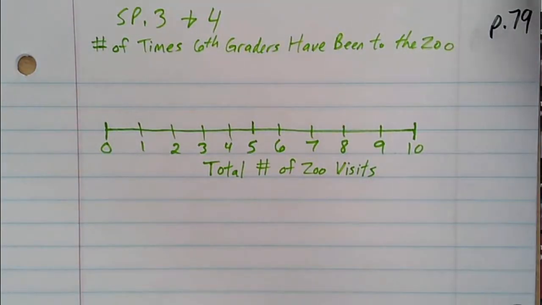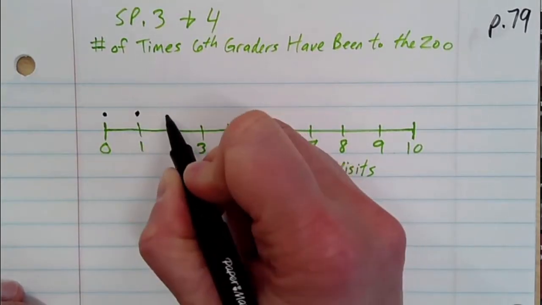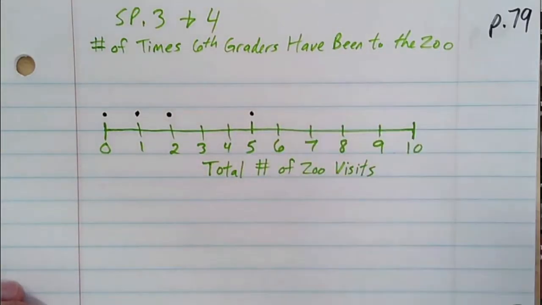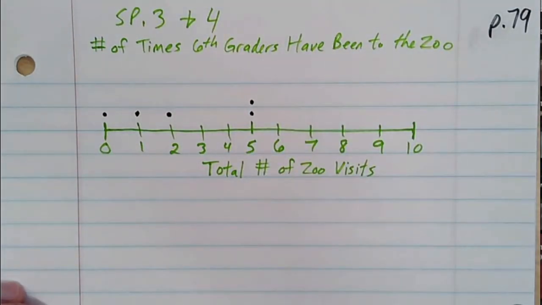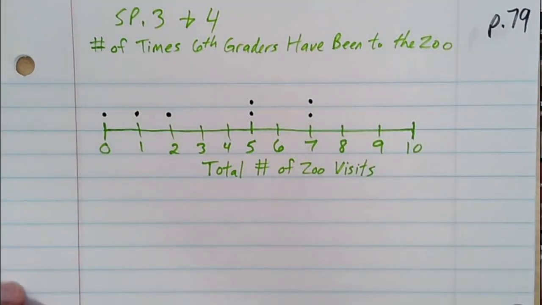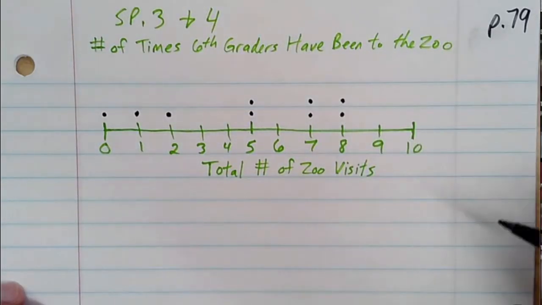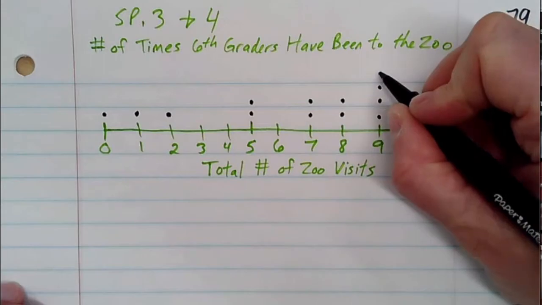And then I'll put the dots in. I'll actually use black for the dots. So I'll try to make the dots like this. 0 has 1, so it's in between that and the blue line. This one has 1 in between that and the blue line. 5 has 2, so the first one will be in between them, and then I'll put the next one right above the blue line. 7 has 2, so in between and then right above the blue line again. 8 has 2 in between them and above the blue line. 9 has 4, so I'll go in between, right above, right below that blue line, and then right above it.